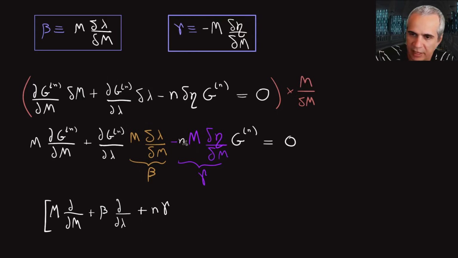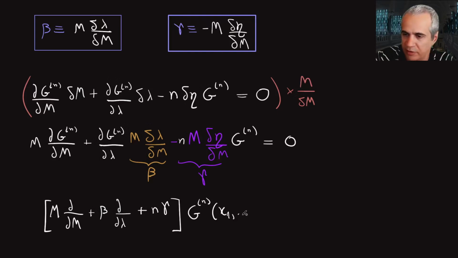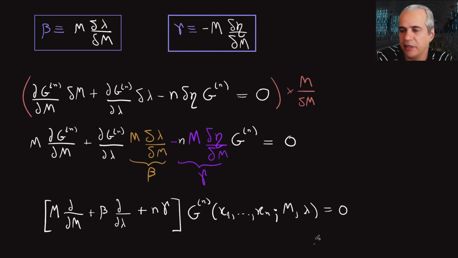There's an n there, which is the number of external legs in this Green function. And this is acting now on Gn, which I can write explicitly to remember that this is a function of all these positions, but also, once I renormalize my theory, of these two, and notice lambda here is the renormalized coupling.